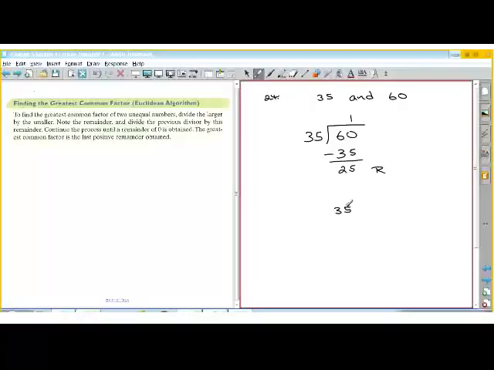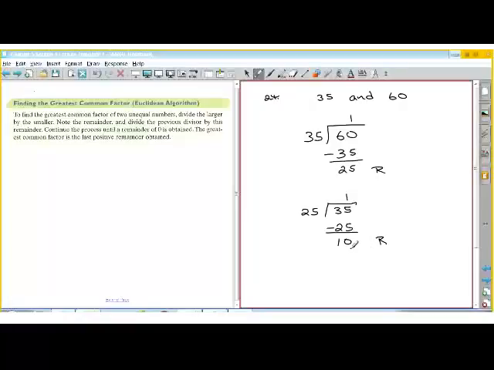So this is the previous divisor. You take 35 and you divide by the remainder. So 35 divided by 25, you can do that one time. 1 times 25 is 25. You subtract, and you get 10.